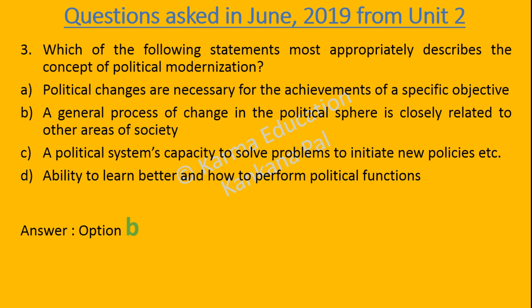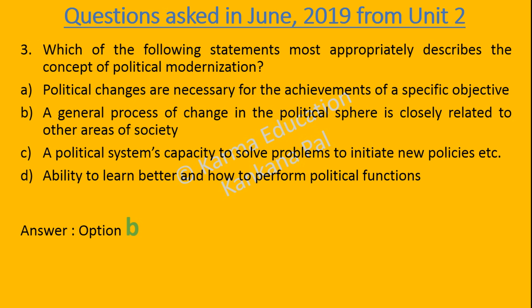Now, what is political modernization? Political modernization is a progressive transition from pre-modern, or you can say traditional, to modern society in terms of economic, social and political aspects. It means change in political aspect is also related with other areas of society.